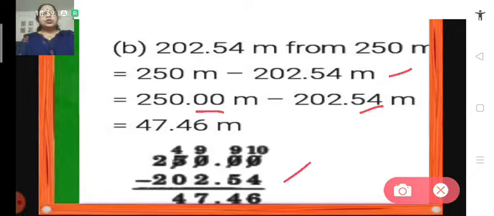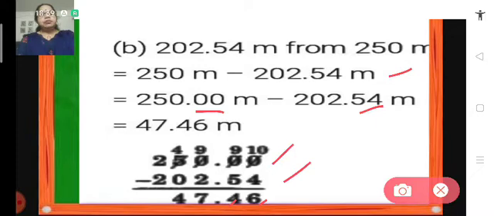So, it borrows 1 from ones, and in ones also we have 0. So, it borrows 1 from tens. So, ultimately we have 10 in hundredths place. So, 10 minus 4 becomes 6, and we have 9 in tenths place. So, 9 minus 5 becomes 4.